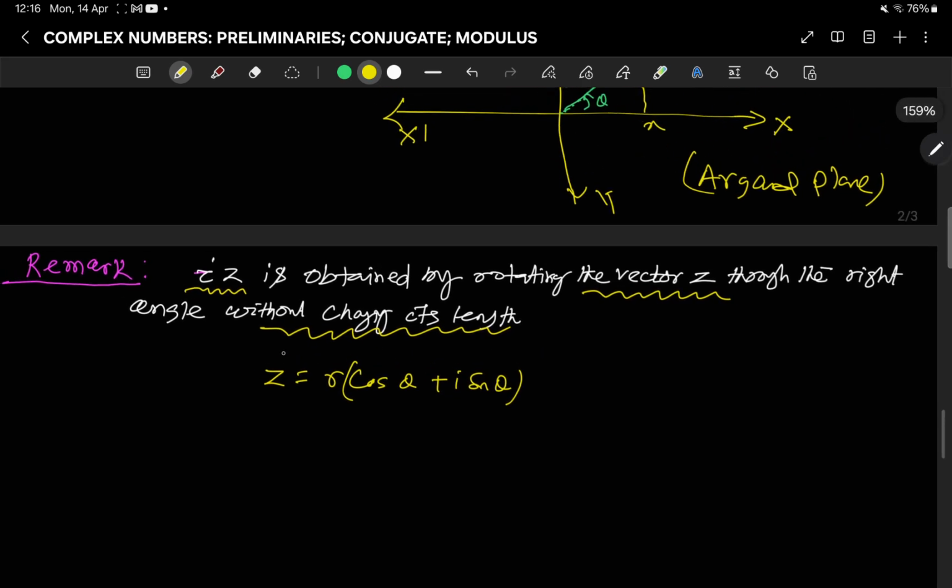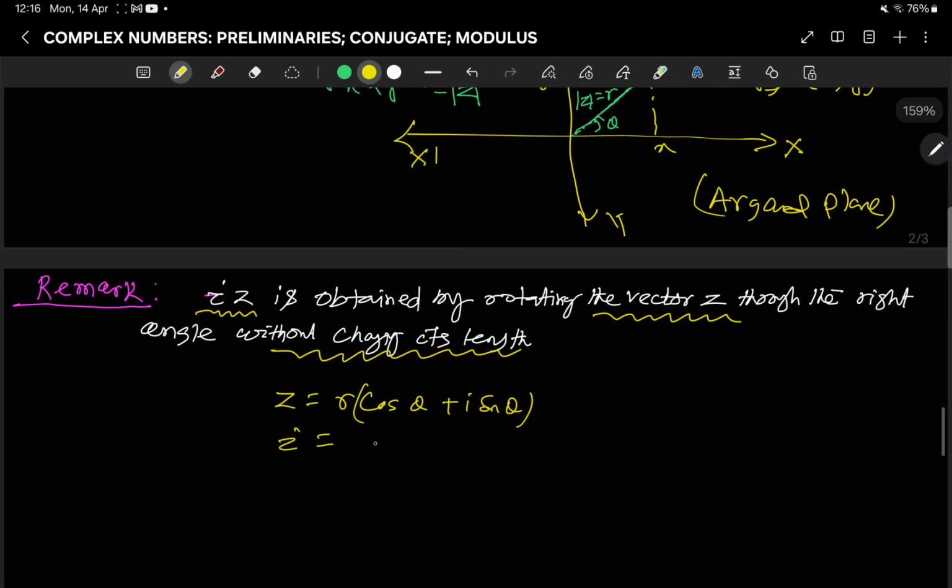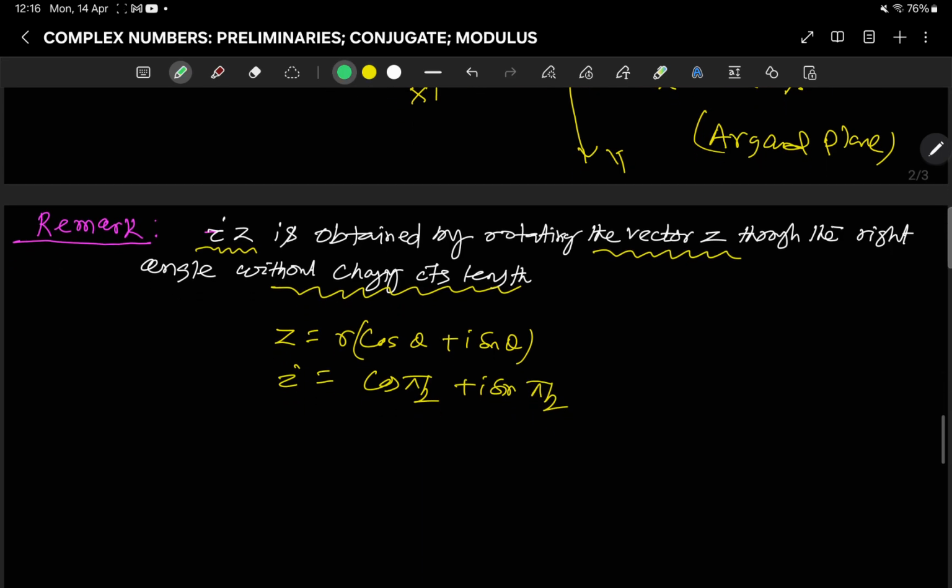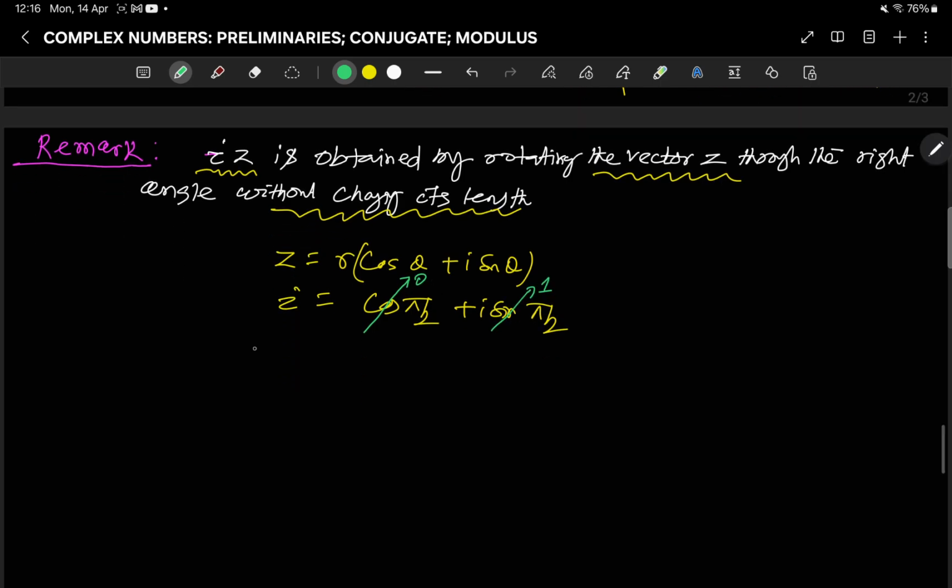And likewise you can write i is equal to cos pi by 2 plus i sin pi by 2, because cos pi by 2 is 0 and sin pi by 2 is 1. Now what happens to your iz? So iz is (cos pi by 2 plus i sin pi by 2) multiplied with r(cos theta plus i sin theta).